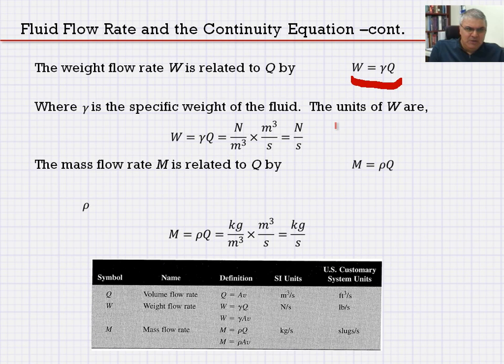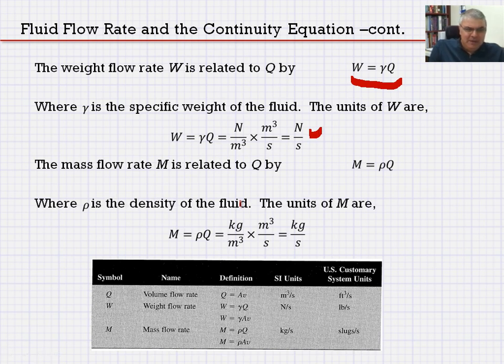As such, the unit for W would be Newton per second. It is derived by simply multiplying the units for specific weight, which is Newton per cubic meter, by the unit for the volume flow rate, which is cubic meter per second. That would be Newton per second, the unit for the weight flow rate.